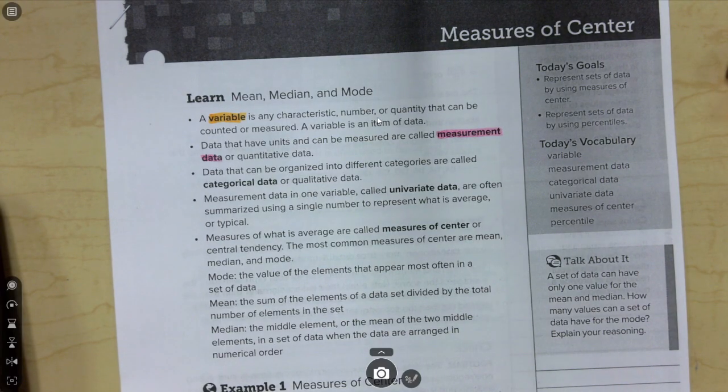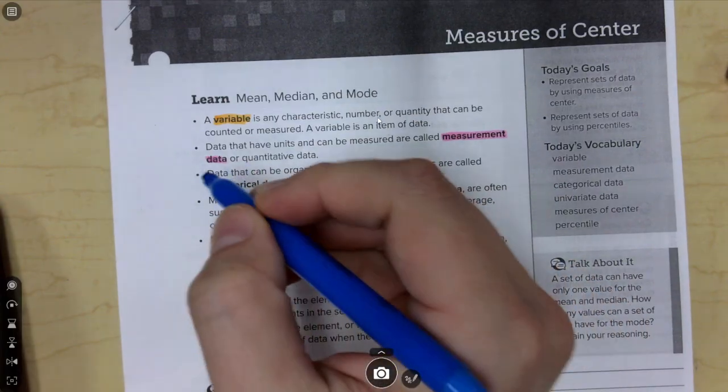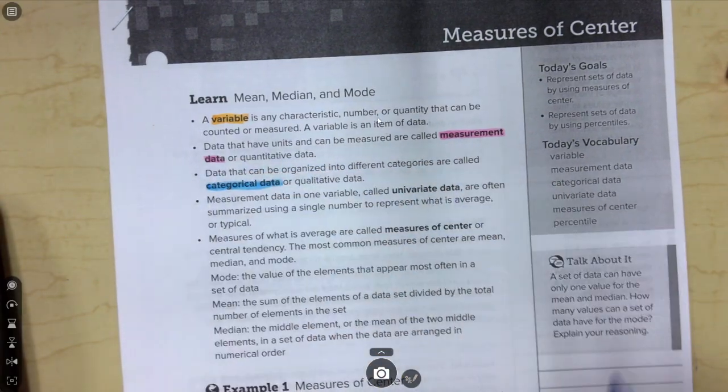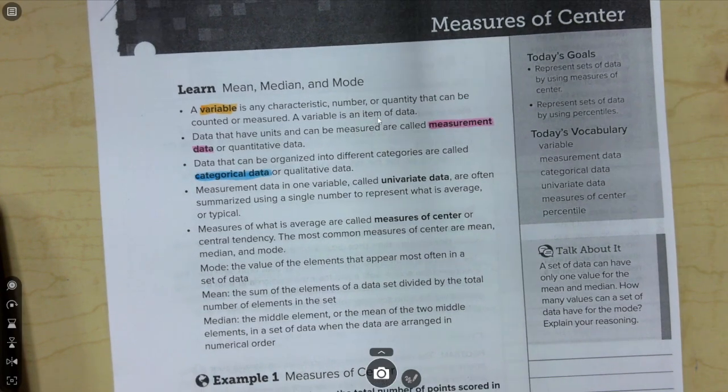Quantitative, quantity. Data can be organized into different categories called categorical data, or qualitative data. That's types.